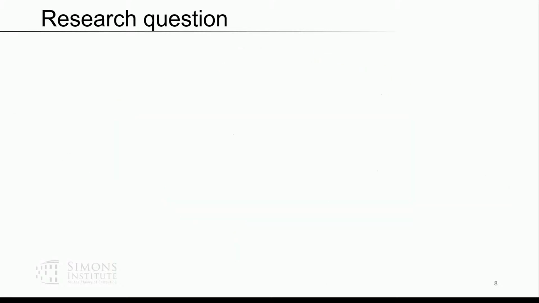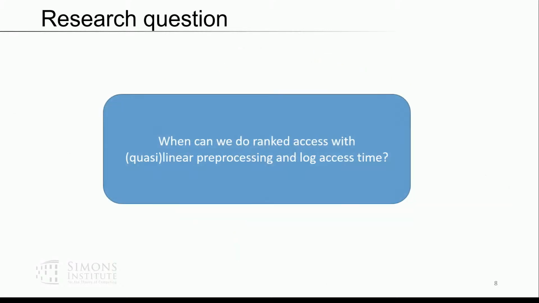Good. So ideally, what we would want to know is, given a query and an order, what's the best algorithm, the best complexity we can achieve to solve this query in terms of fine-grained complexity.